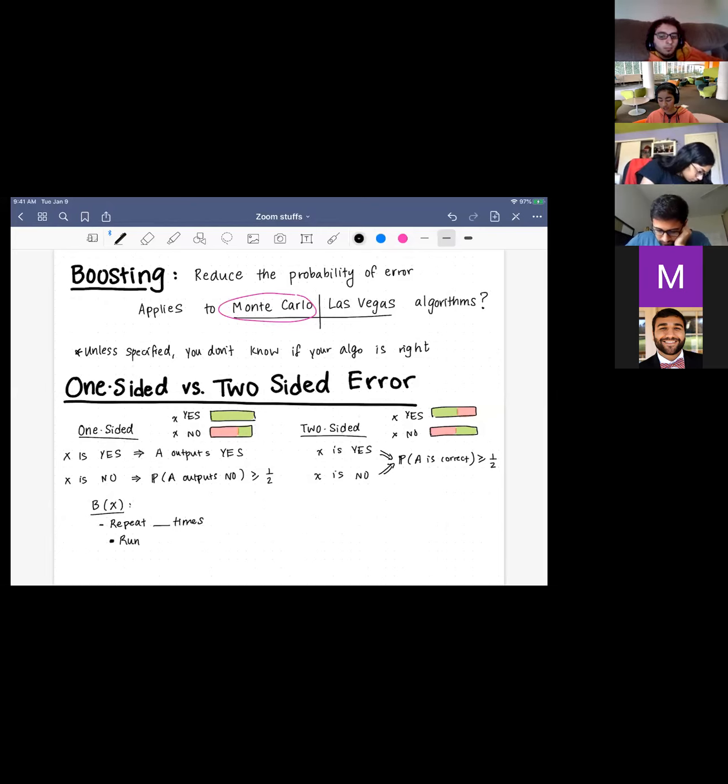You run our initial algorithm, which has one-sided error. And this algorithm is either going to output no or output yes. So based on what we just said, if our algorithm outputs no, what do we know the answer is going to be?